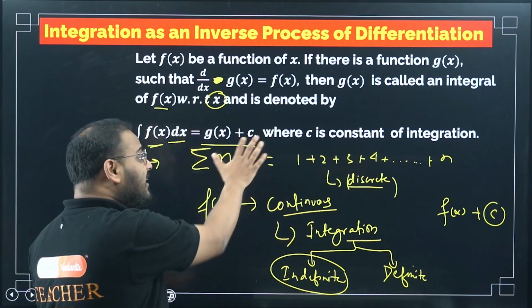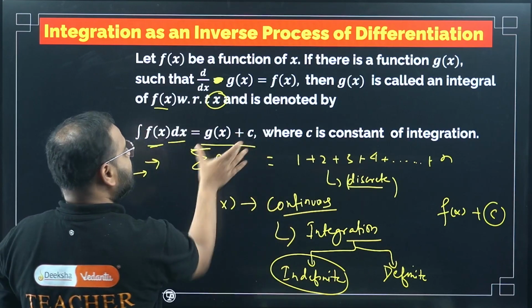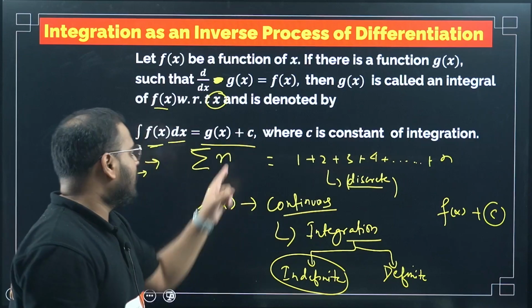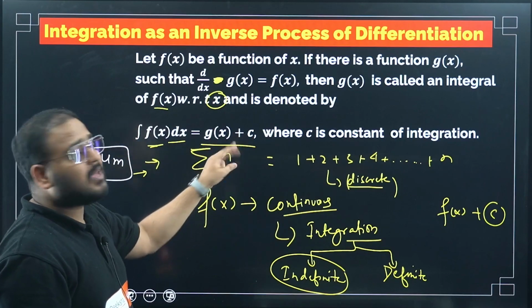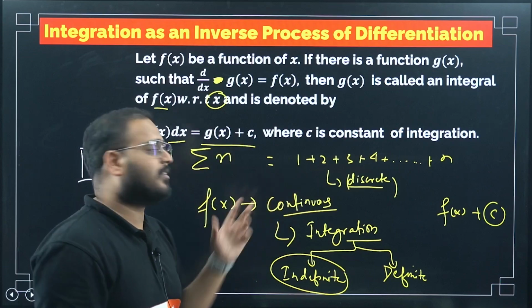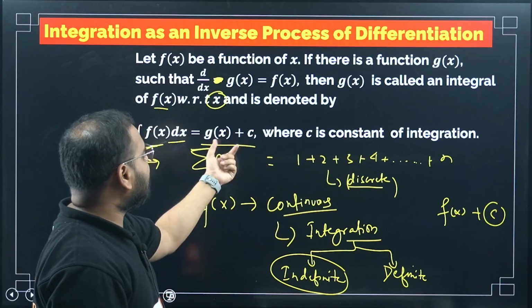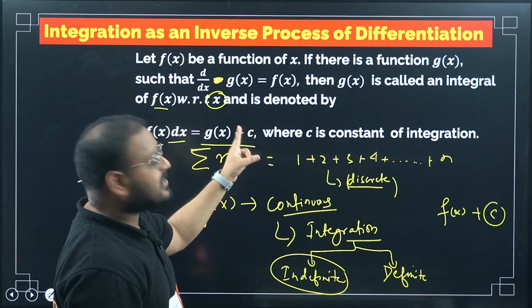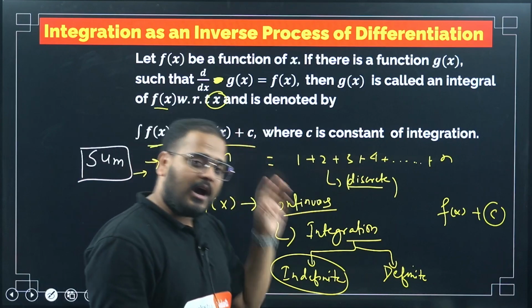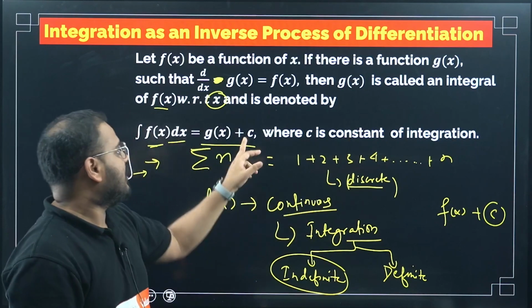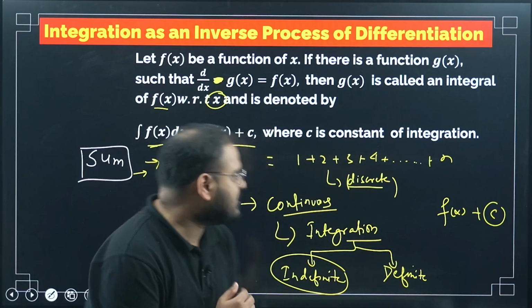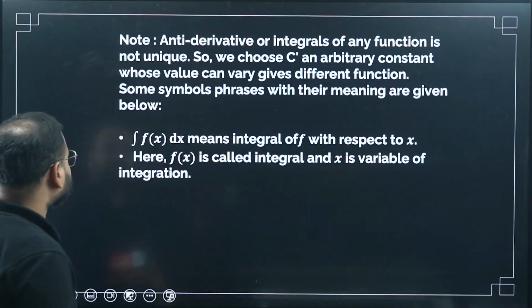For that reason, this answer will not be unique, because if I change the c value from 1 to 3 or anything, a constant value, the result will keep being different. So it will not be unique. That is why it is indefinite. If I restrict the c value, how we restrict it we'll see in the coming classes, then it will become the definite kind. Okay, moving on.